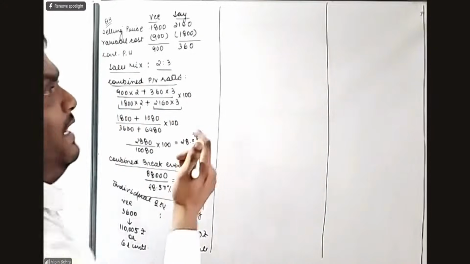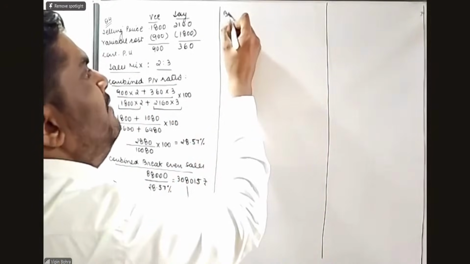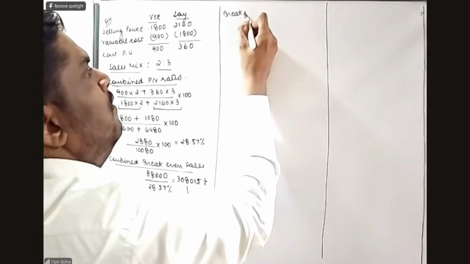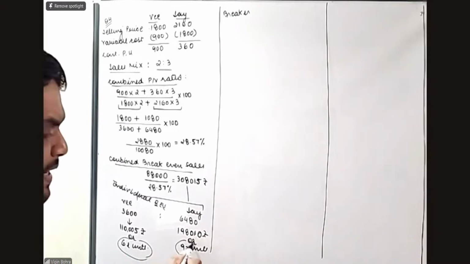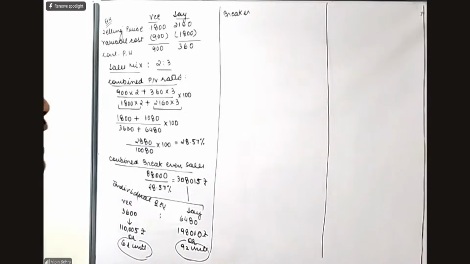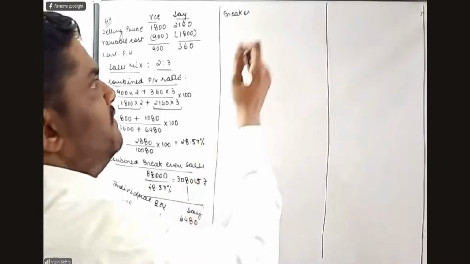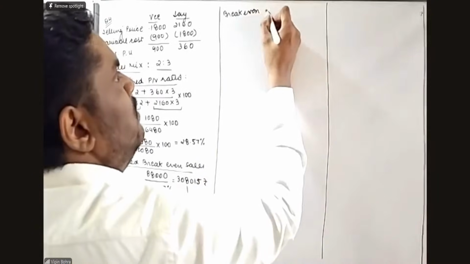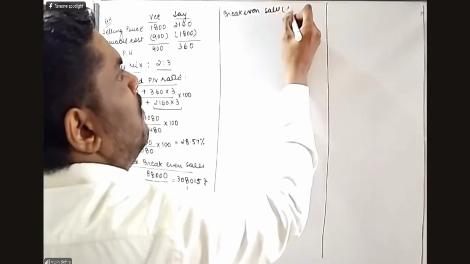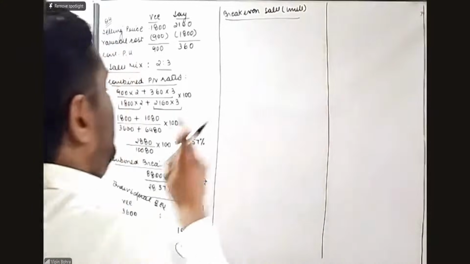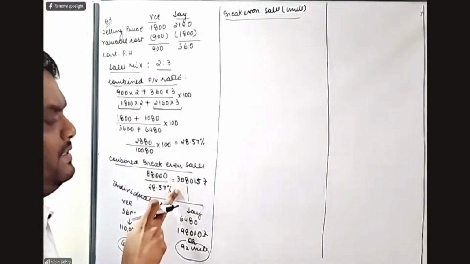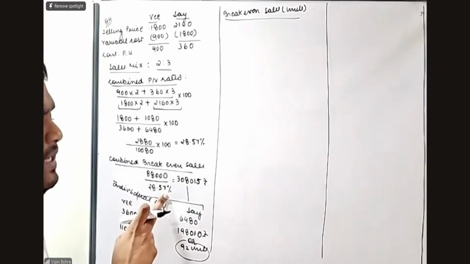Now, alternatively, you can calculate break-even sales in units also. See, this is one of the ways wherein if we divide it by selling price, we'll get the number of units. However, you can calculate the break-even sales in units directly also. For this, see, to calculate it in rupees we have divided it by PV ratio.